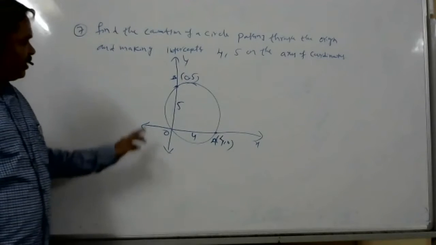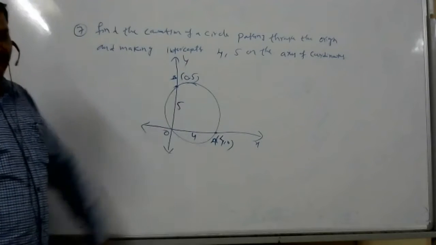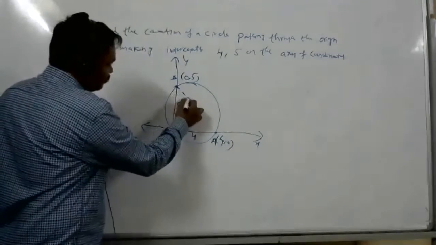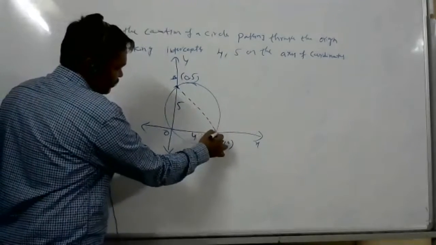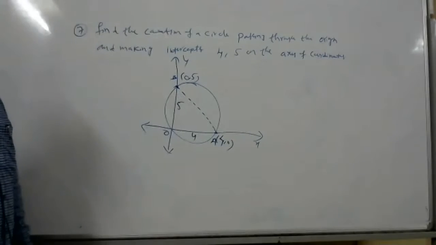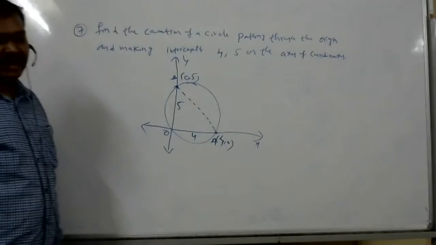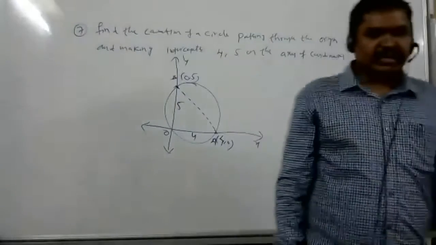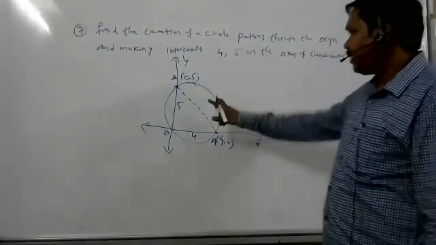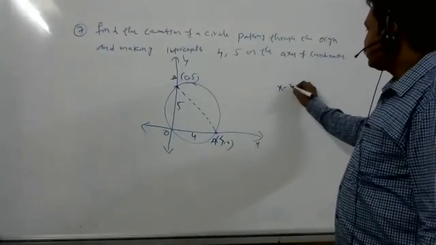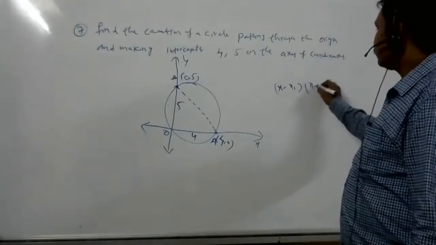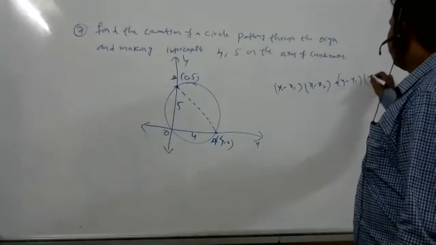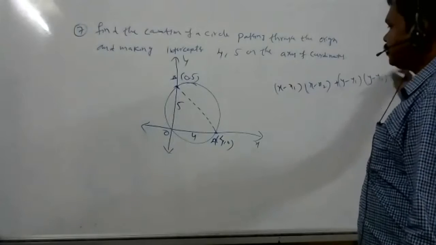Then angle AOB is equal to 90 degrees, so AB is a diameter. Equation of circle: x minus x1 into x minus x2 plus y minus y1 into y minus y2 is equal to 0.